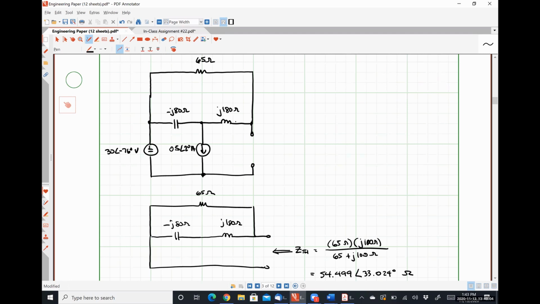If I want my Thevenin voltage, it looks like if I do nodal analysis, I'm going to have 2 unknowns. I don't know the voltage here, let's call this Vx, and I don't know the Thevenin voltage, which is what I'm trying to find.